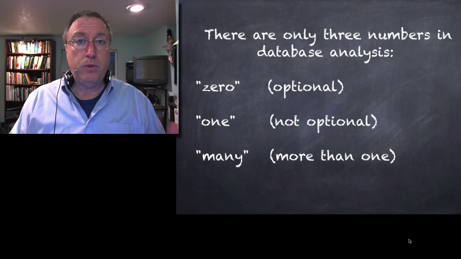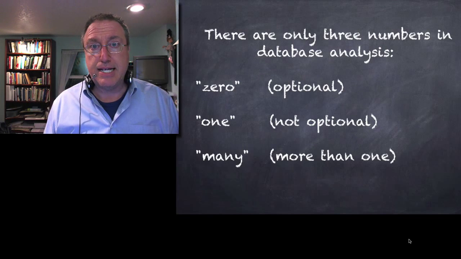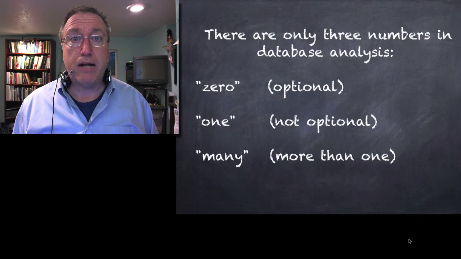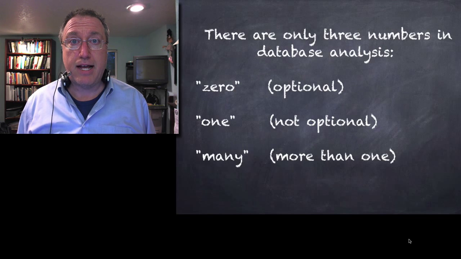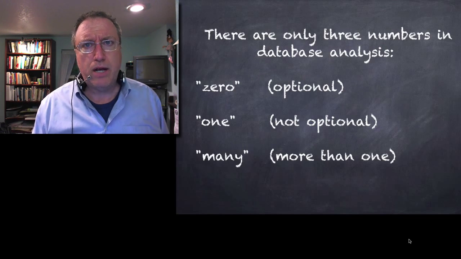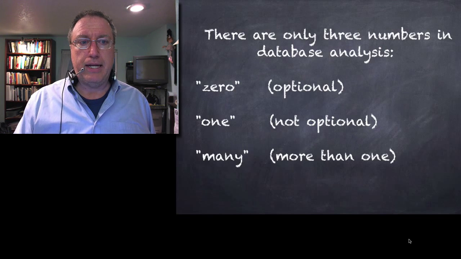The difference between 1 and many is important. The difference between 5 and 6 is not. Once I can store 2, I can store as many as I like. Modern databases don't have that kind of limitation. Well, it's very large. So we only have 3 numbers in database analysis: 1, 0, or many.